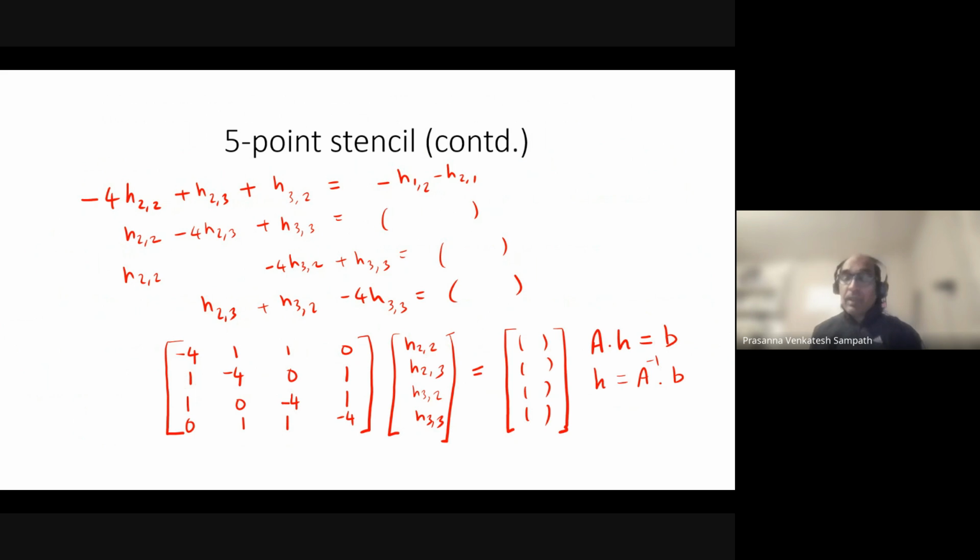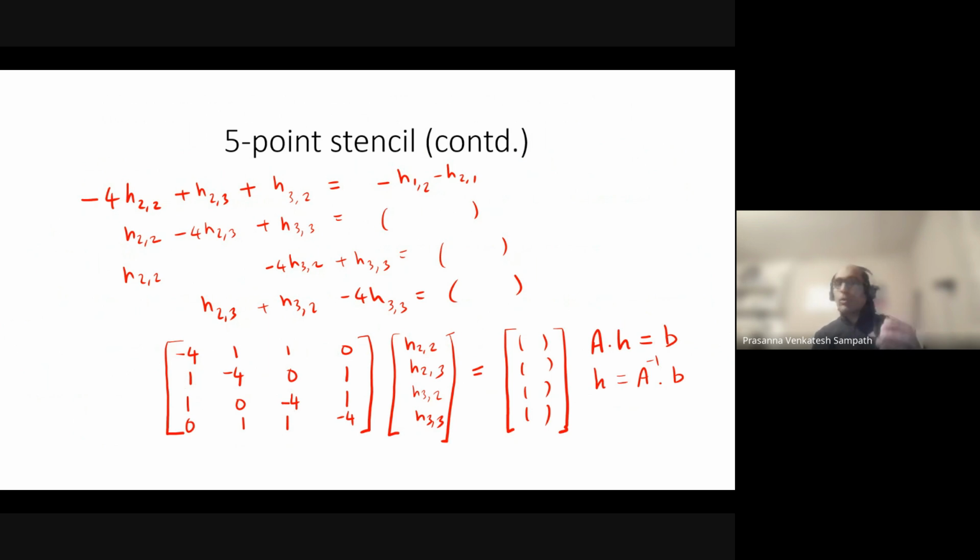So using the 5-point stencil method, without doing anything complicated, although the equation is supposed to be some kind of a partial differential equation, I have boiled it down to a system of linear equations which can be solved.